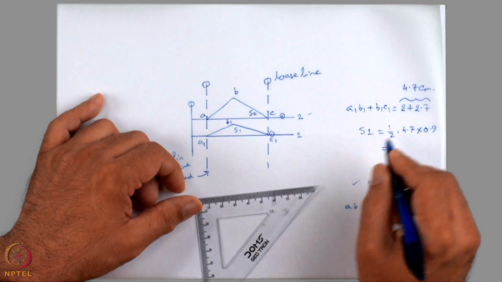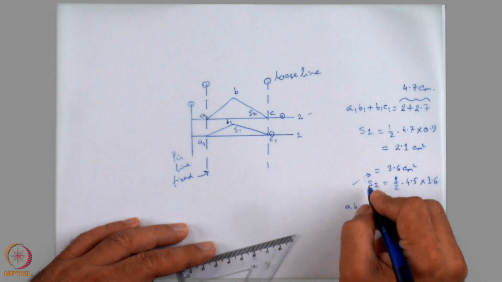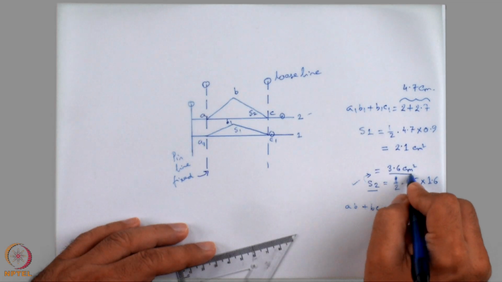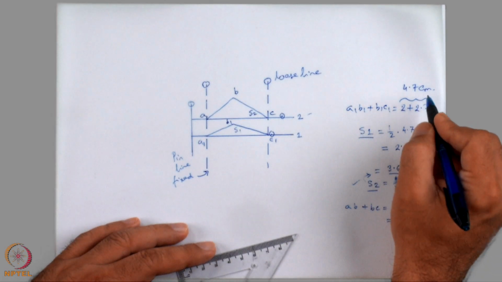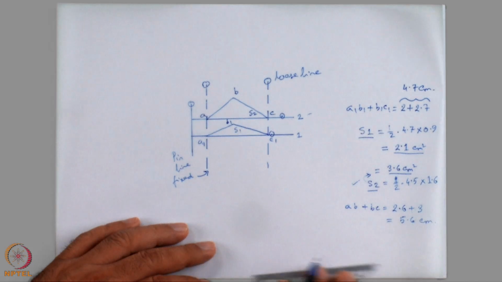The S2 area is 3.6 centimeter square, the S1 area is 2.1 centimeter square.